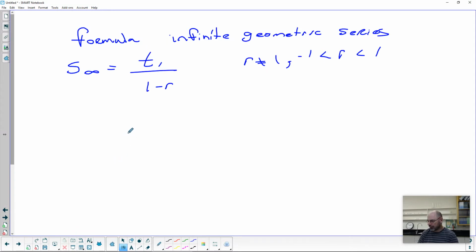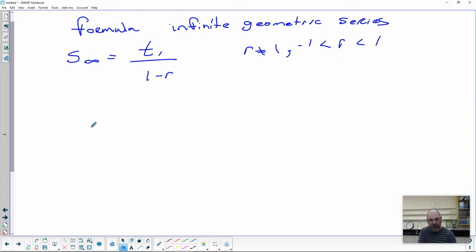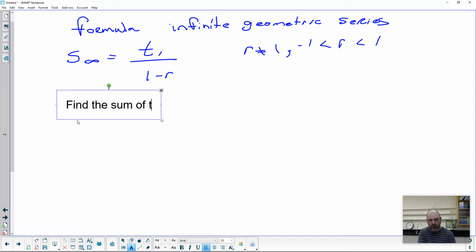So let's take a look at an example. Find the sum given this series. We'll do a very simple example first. Find the sum of the following series. Okay, let's use fractions here, because why not?